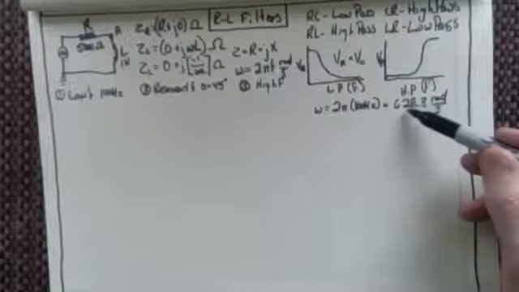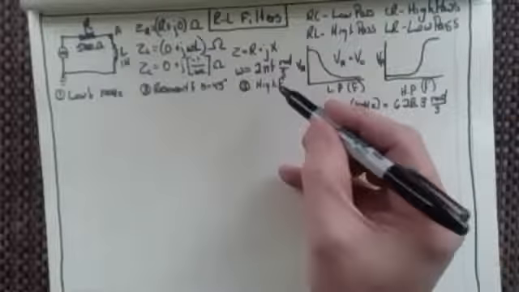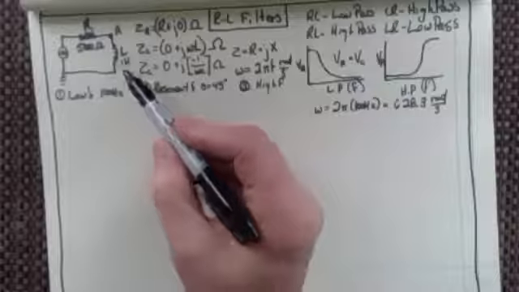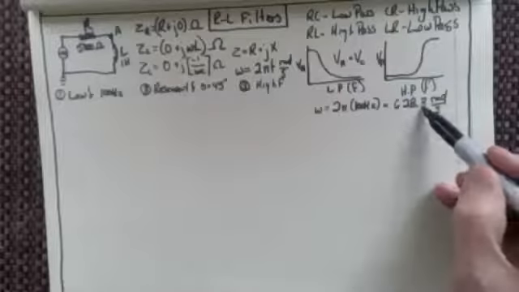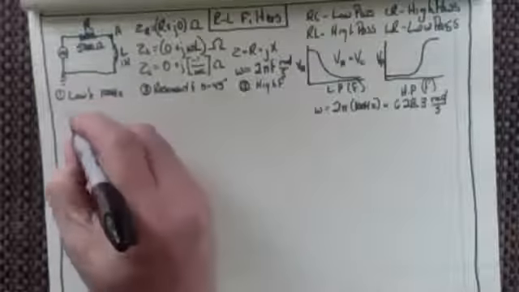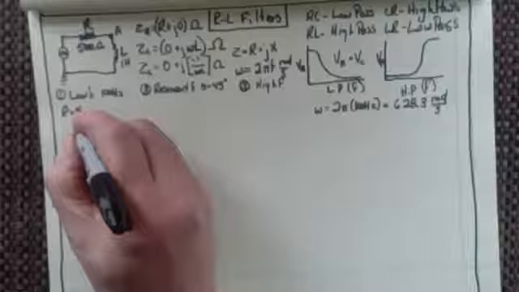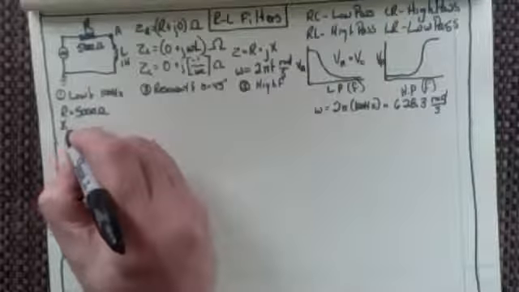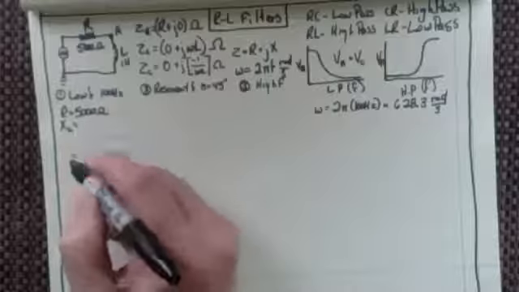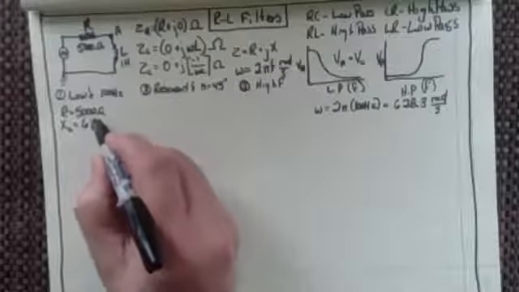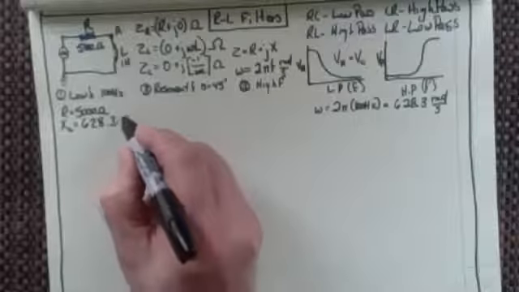Remember what it is: it's omega L. So omega times L, 628.3 times 1, gives me 628.3 ohms. So we know that R in this case is 5,000 ohms, and the reactance of the inductor is 628.3 ohms.